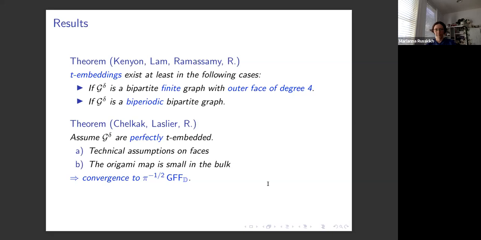In this case, the fact that this gives you a discrete holomorphic function. Do you know of other examples of a determinantal point process where the kernel is characterized by some differential equation or discrete differential equation?